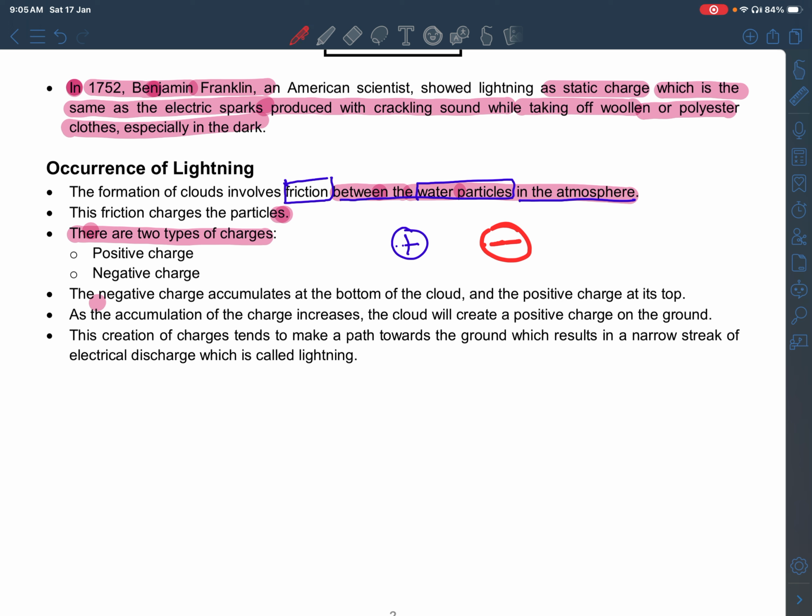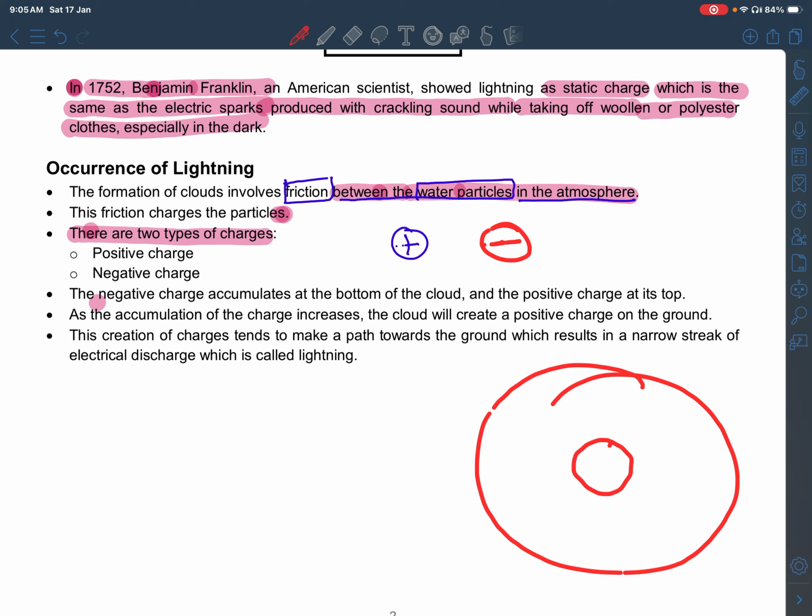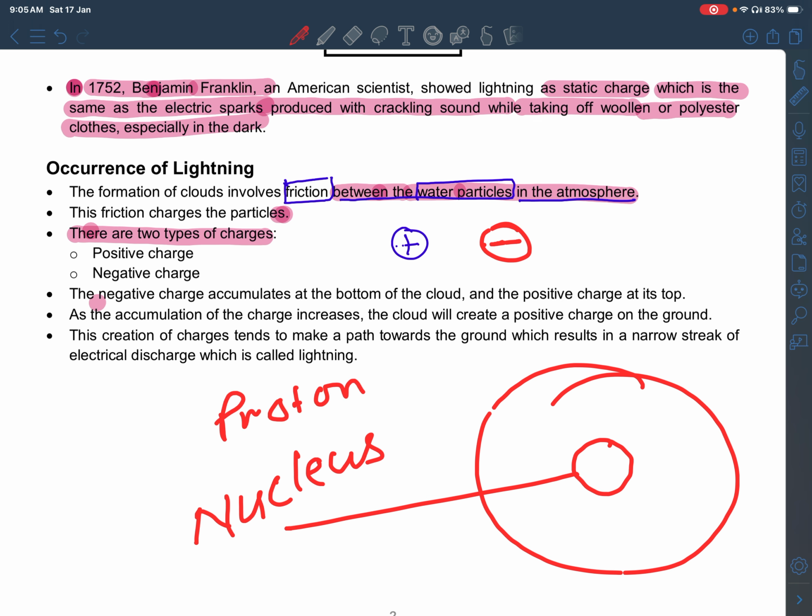Actually, we know that an atom has two regions. The first one is the nucleus, and the nucleus contains protons, which are positively charged.